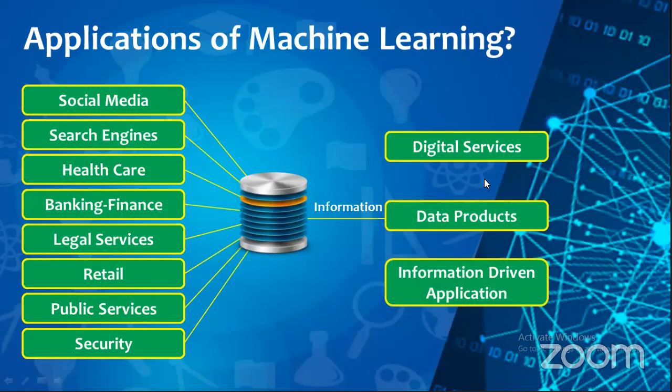This is called an information driven application. So these are finally the fruits of machine learning. Very informative class, more technically oriented. Information driven applications are the fruits of machine learning, so these are the applications of machine learning.